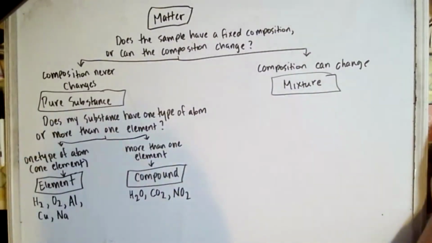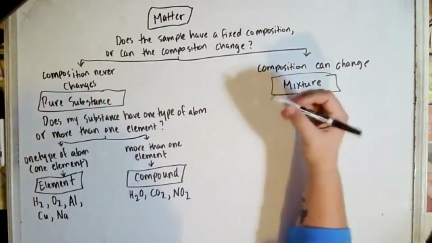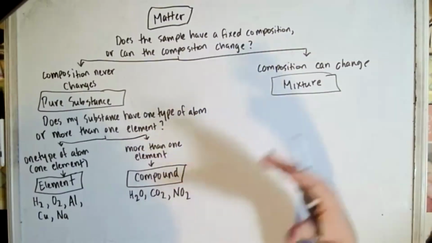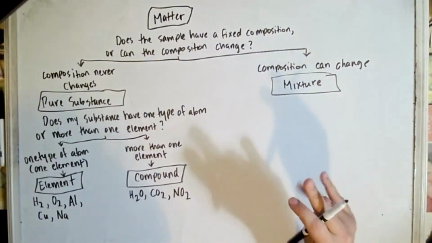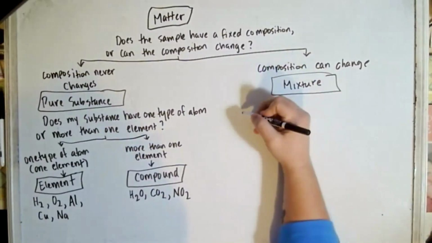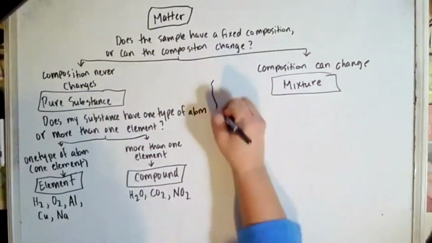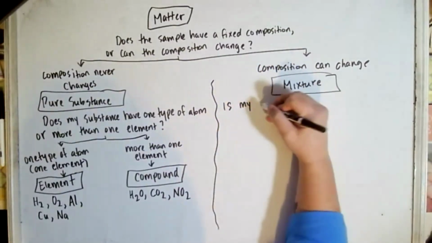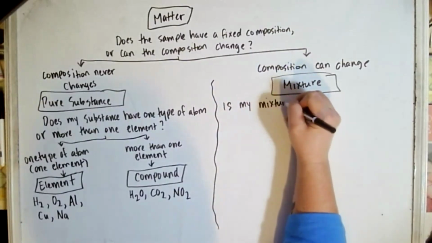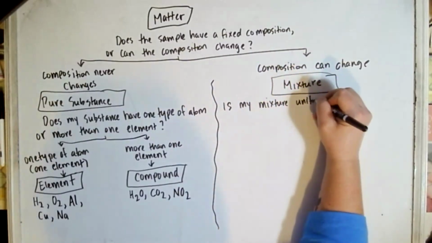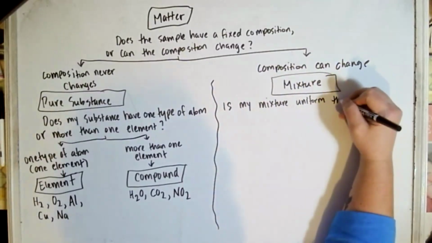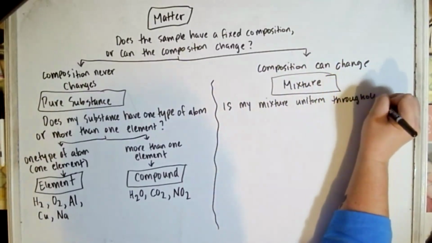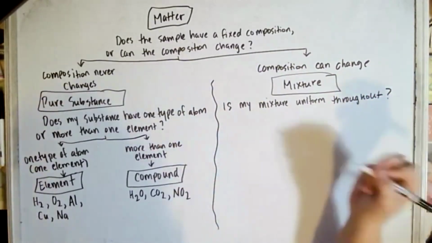Okay. On our other side, we've got our mixtures. And the question we're going to ask about our mixtures is about the uniformity. Does that make sense? Like the sameness of the composition. I'm just going to draw a little line here to separate the two sides. We'll ask the question: is my mixture uniform throughout? Okay.